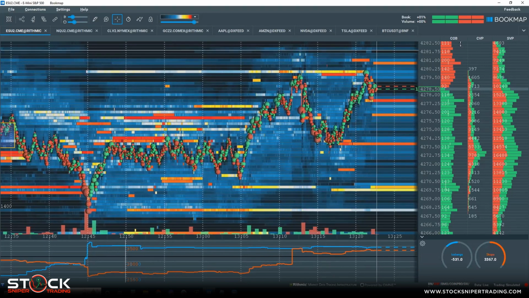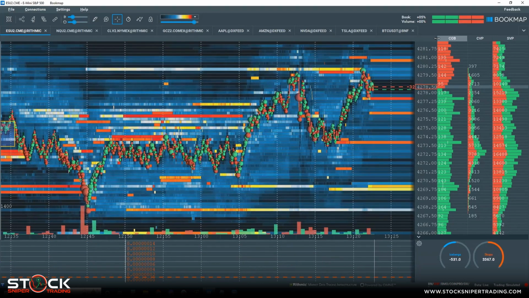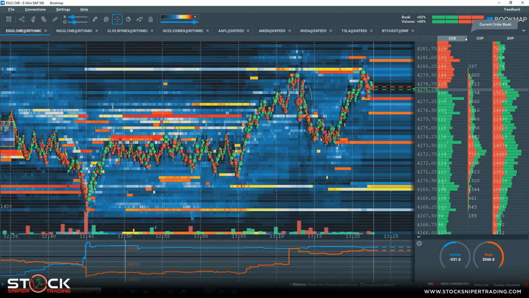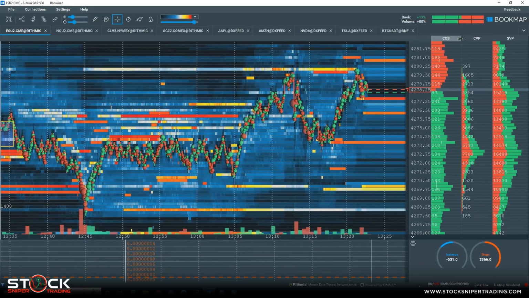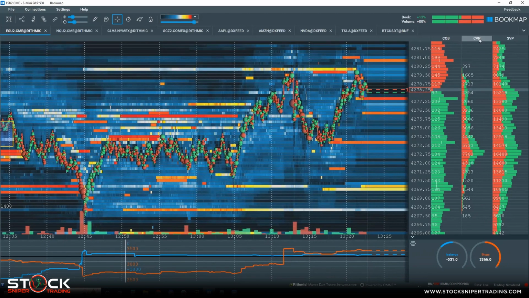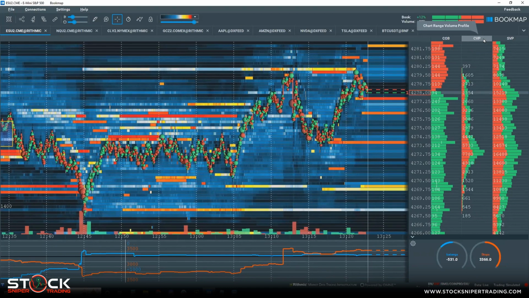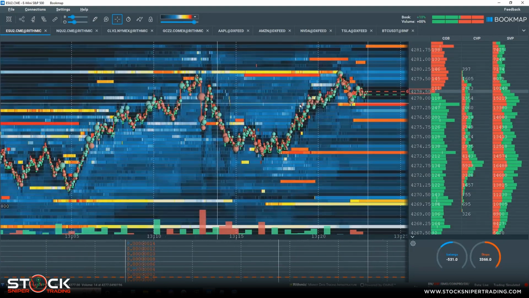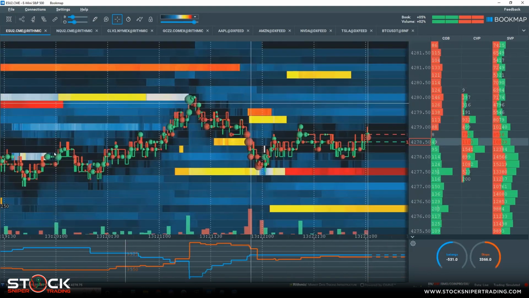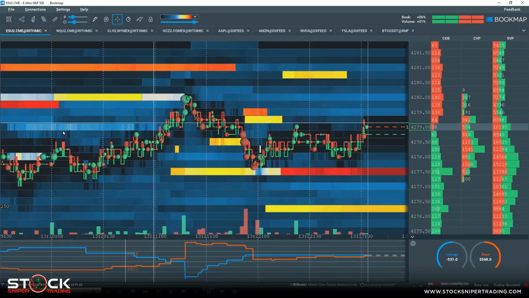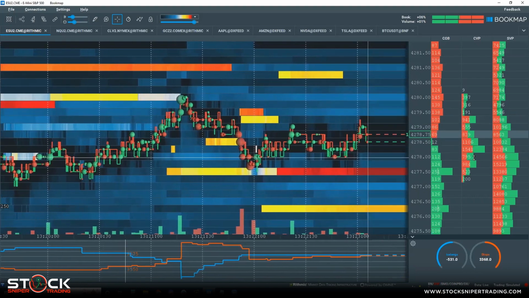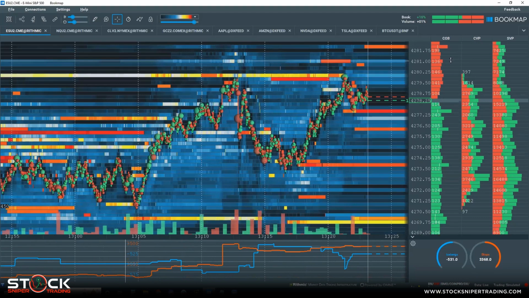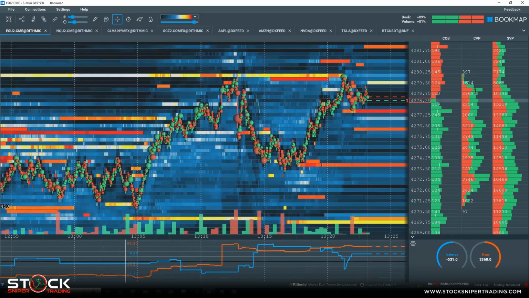And then let me just go over some of the columns in here too, because we have all sorts of data columns in here. Most people are looking at the CVP and SVP columns. Very, very simple. Again, it's just showing you a profile of what's within our chart range here, a volume profile. That's it. So if we zoom in, I look at a different range within my viewable chart here, you see the profile of it. If I zoom out, I have more data, and you can see it populates that data in here.